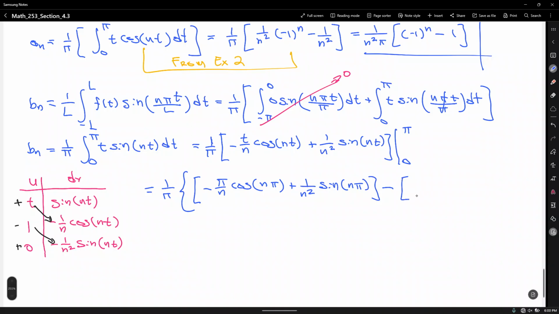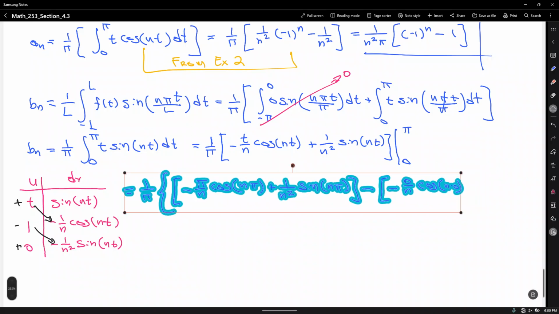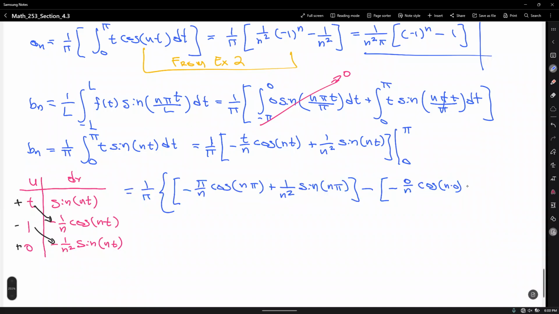That is minus negative 0 over n cosine of n times 0, plus 1 over n squared sine of n times 0. Close parentheses for the angle, close brackets for the evaluation, and close curly braces for the entire multiplication with 1 over pi at the very end.